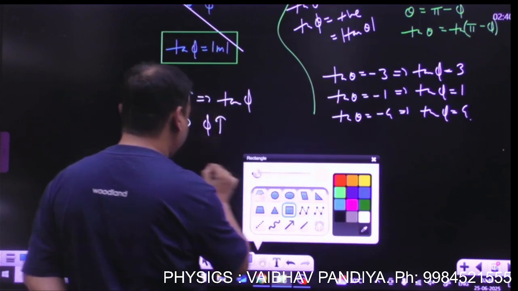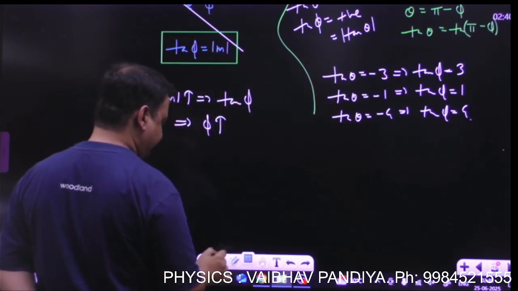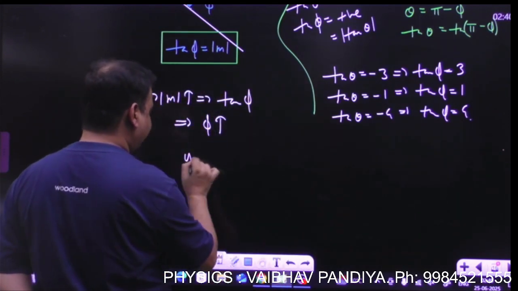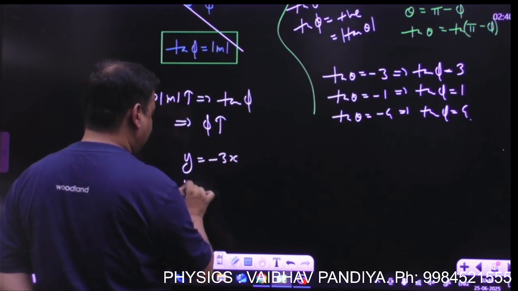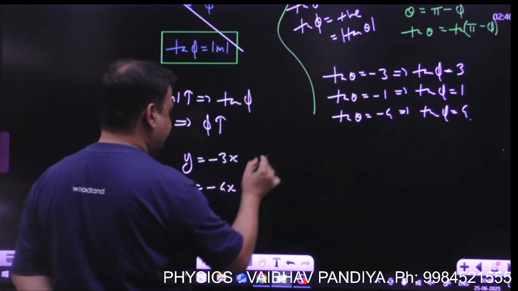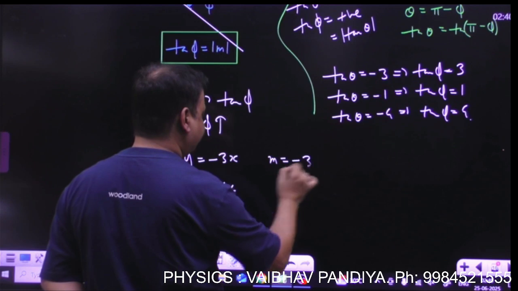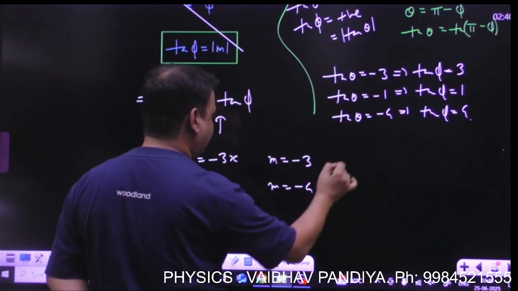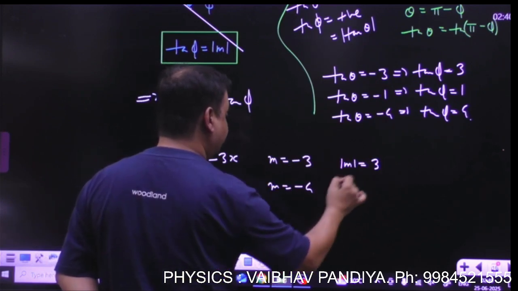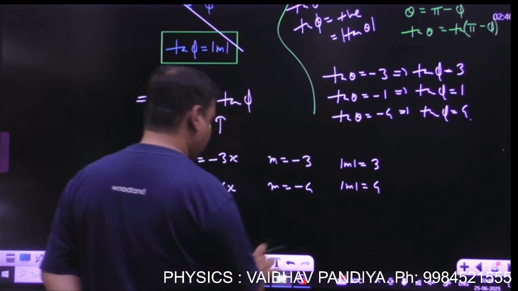So if you have two graphs, like say y is equal to minus 3x and y is equal to minus 4x, correct? So here m is equal to what? Minus 3. Here m is equal to minus 4. Here mod of m will be 3. Here mod of m is 4.